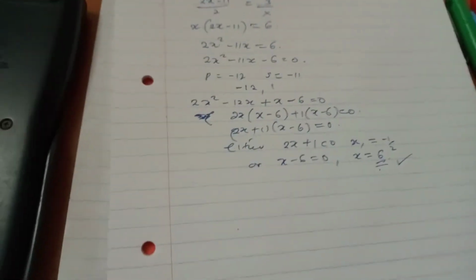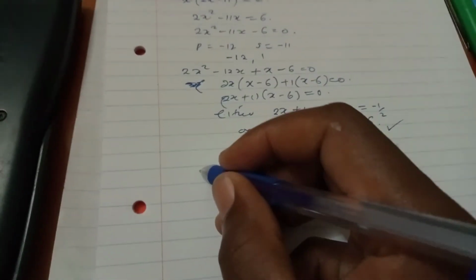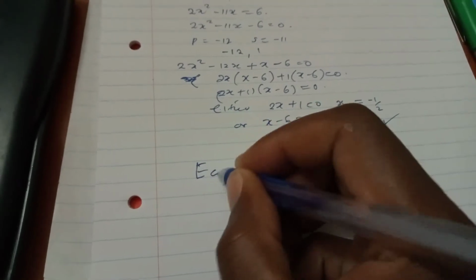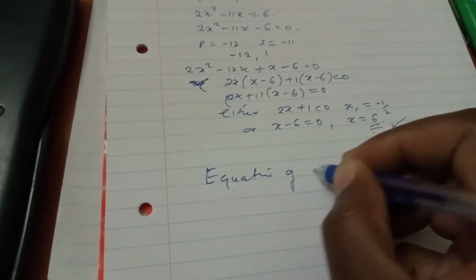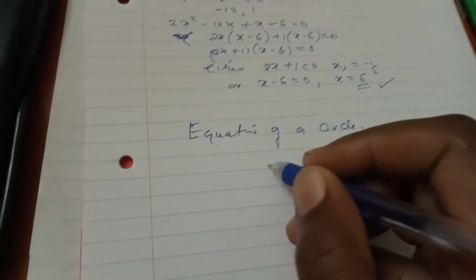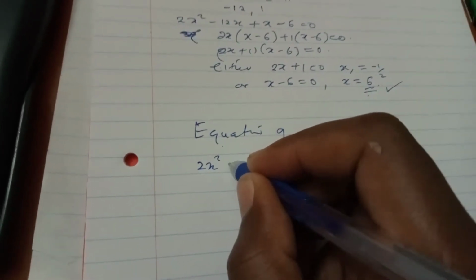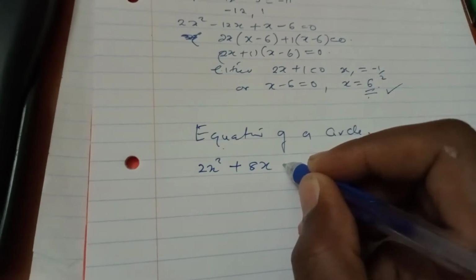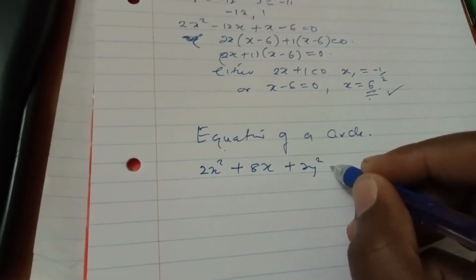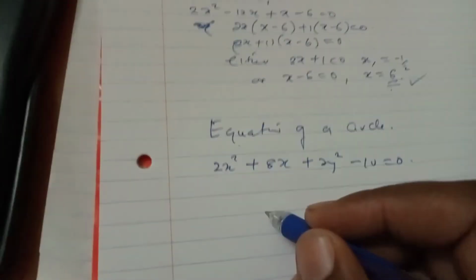Now let's look at another question involving equation of a circle, because it forms part of the syllabus. So we have a question here that says 2x squared plus 8x plus 2y squared minus 10 is equal to 0.